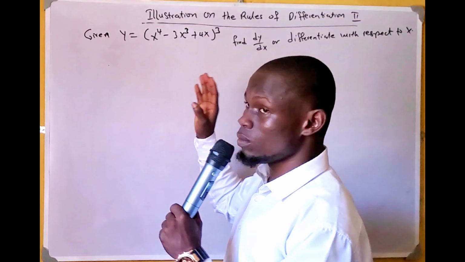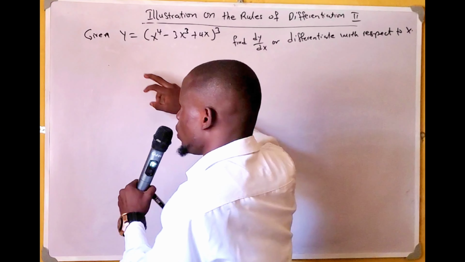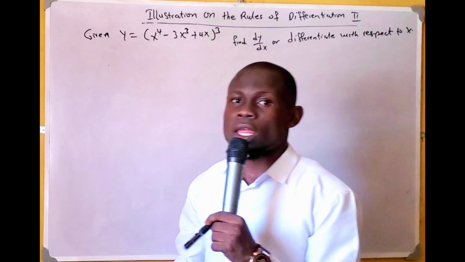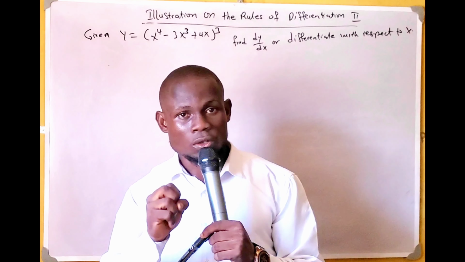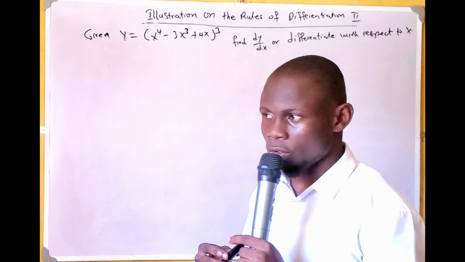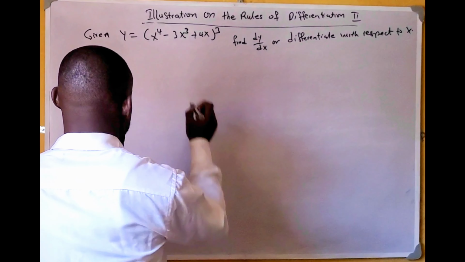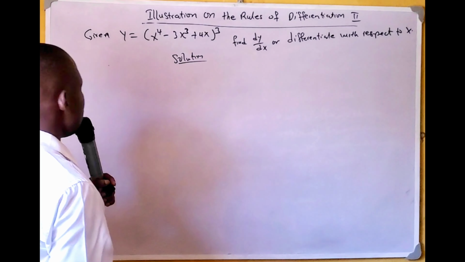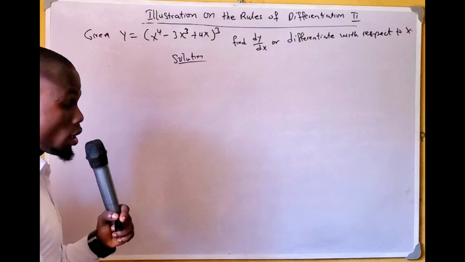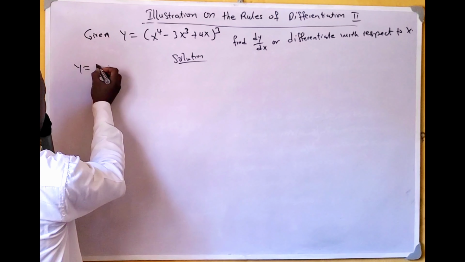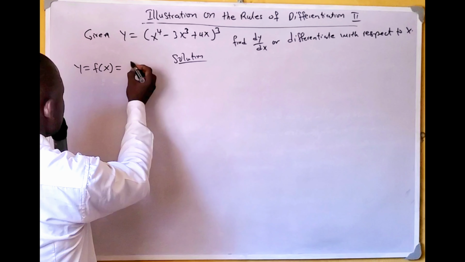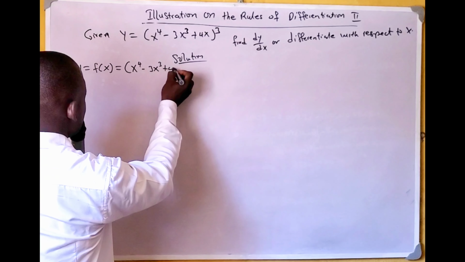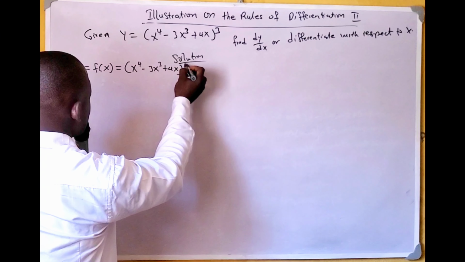So we are looking at a function of a function, because we have y, which has something in brackets raised to power 3. When I solve it further, you will get to discover why it is a function of a function. The first thing I will do here is write this function in the standard form: y equals f of x, such as x raised to power 4 minus 3x raised to power 3 plus 4x, everything raised to power 3.